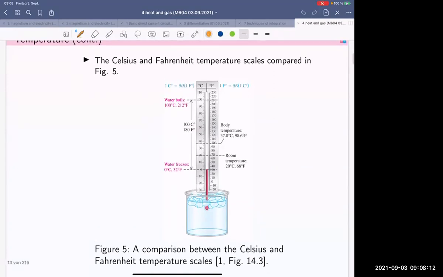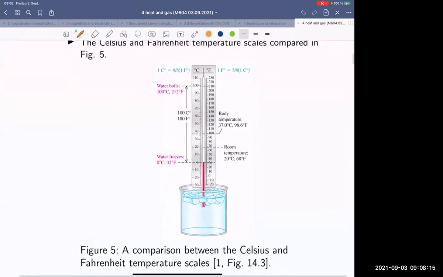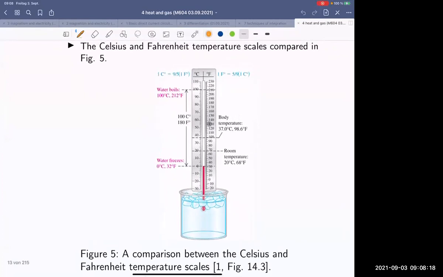Let's see the basic properties of a substance. We consider the boiling point and the freezing point of water. The freezing point of water is, as you know, 0 degrees Celsius, and it's equivalent to 32 degrees Fahrenheit, exactly the same.